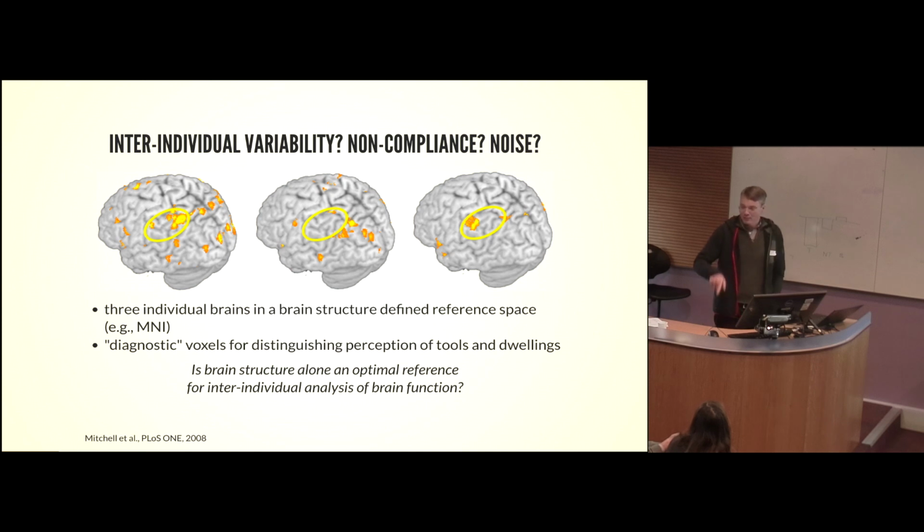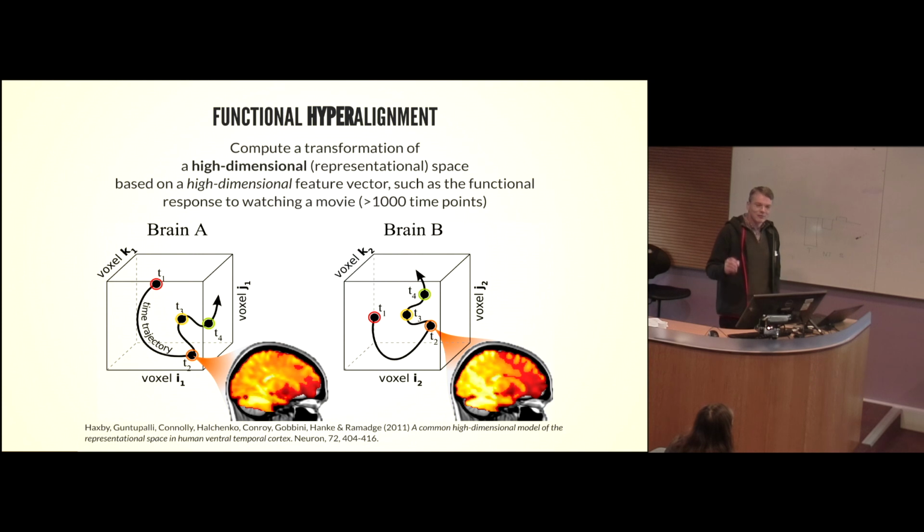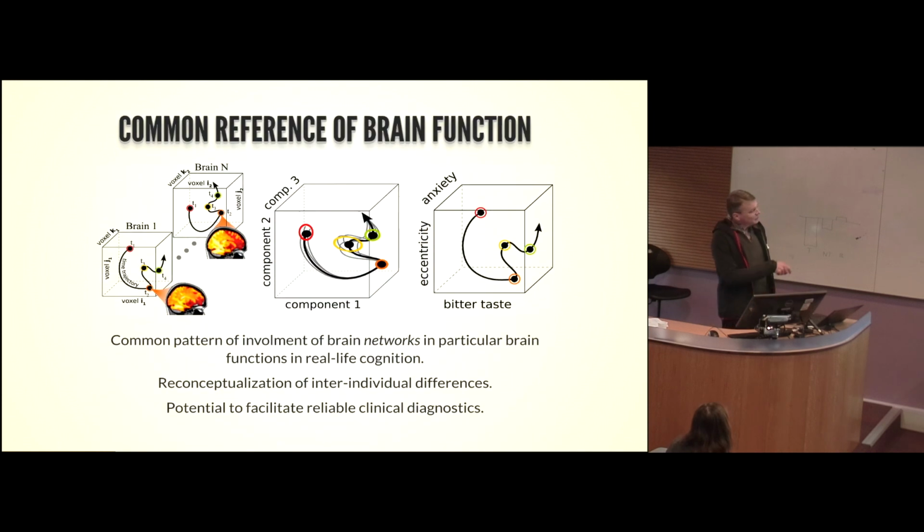And if I would have had time and would have stuck to the topic, I would have told you that there is stuff that you can do in terms of functional alignment, go away from sensor space, go towards cortical tuning functions and so on. I would have shown you a few bits where you can do almost magic things by applying a small linear transformation, and that would lead you to something that you could capture as a labeled high-dimensional brain state space that you could use to read out things.